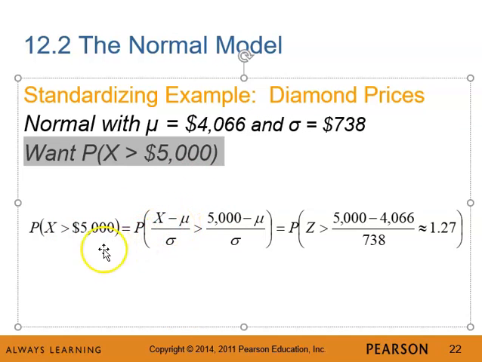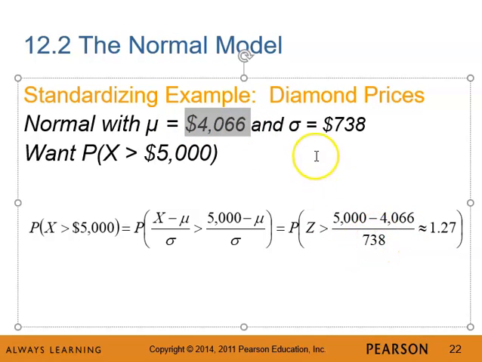So x minus mu divided by sigma to be greater than, on both sides we subtract mu, and on both sides we divide by sigma. We do that, that would be 5,000 minus mu average, 4066 from here, and divide by 738, which if you calculate it, that's 1.27.